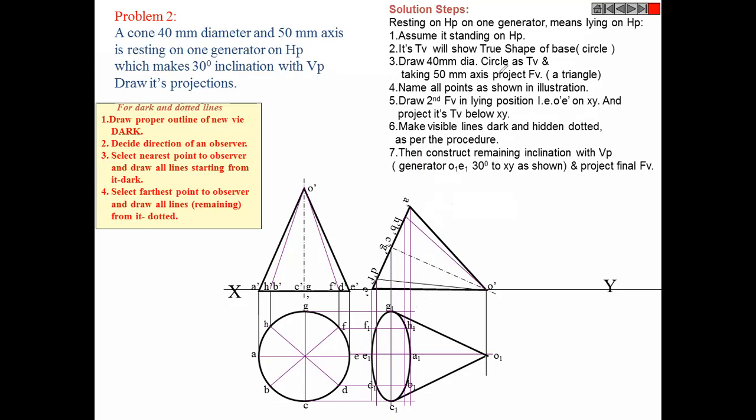Now what is the third step? What is given in the third step? Quickly answer. 30-degree inclination with VP. So what will you do for that?